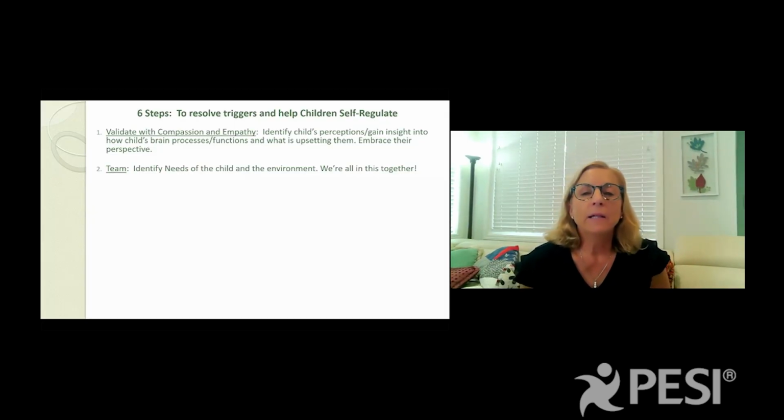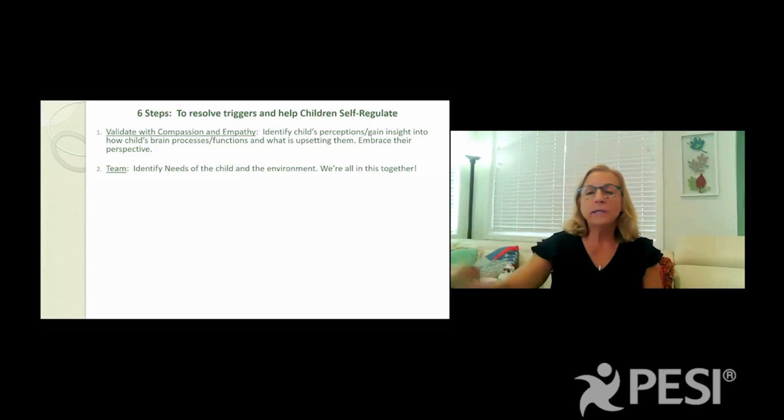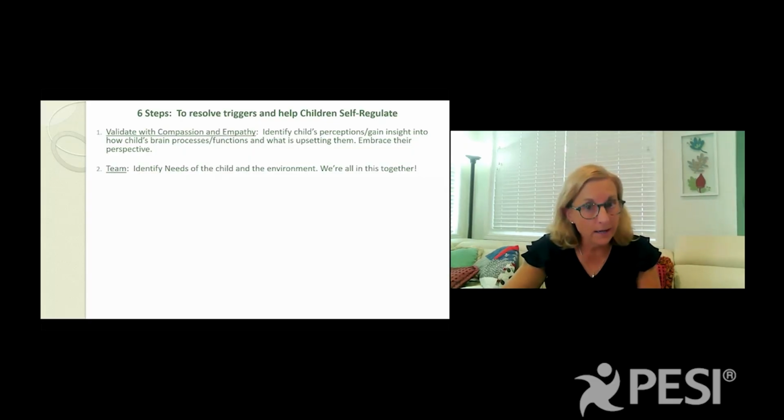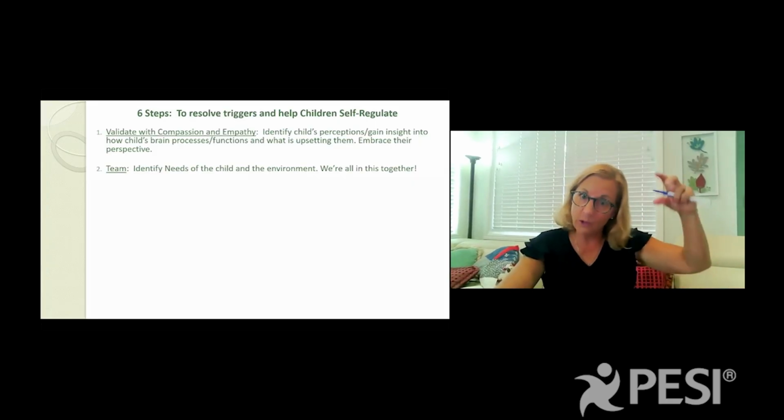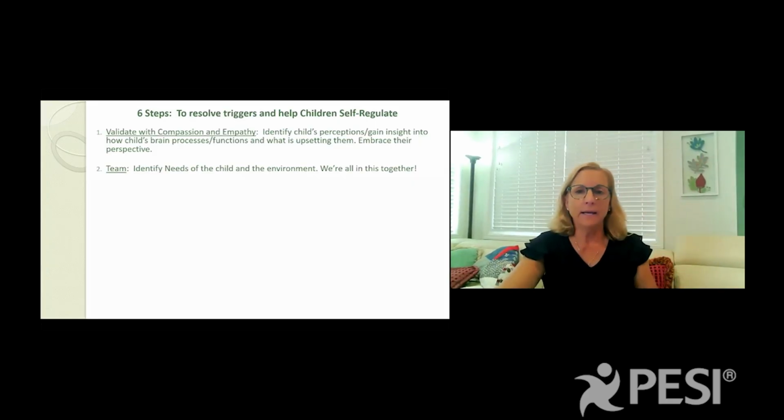So validate, identify what the child's perception of what's going on is, and gain insight into how the child's brain processes and functions and what is upsetting to them. In other words, embrace their perspective, not because I agree, but because it is theirs. That is their perspective or their perception, and I'm going to validate it. This is your perception. Doesn't mean I agree with you.